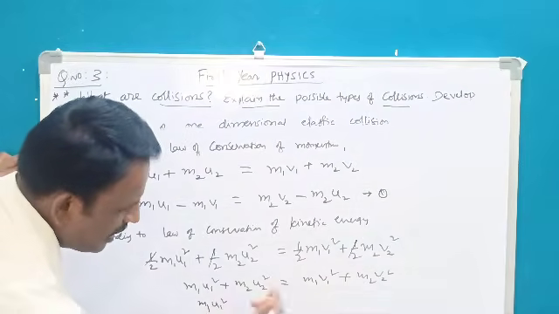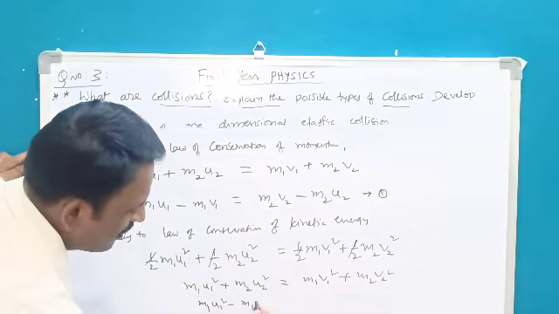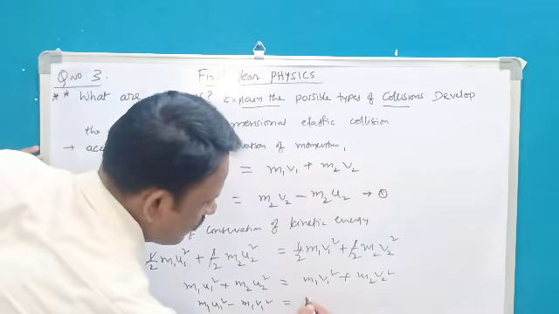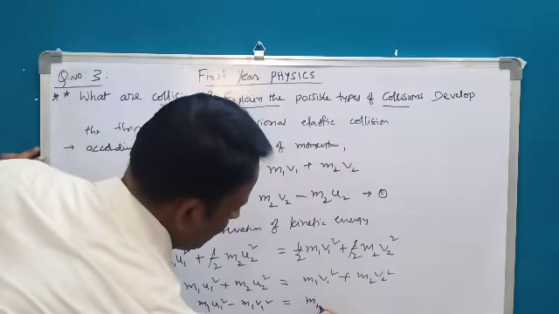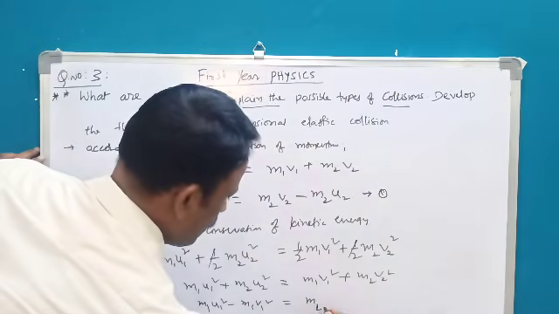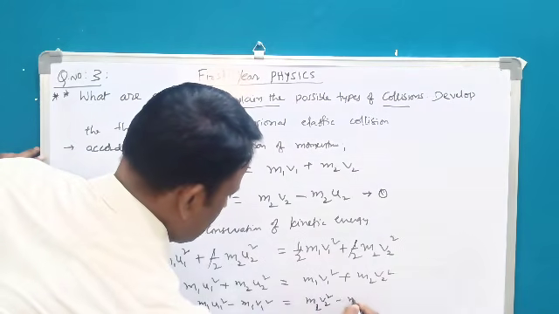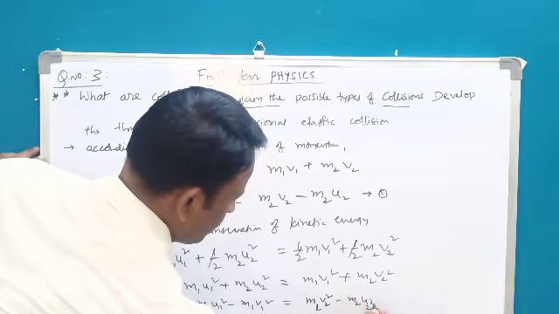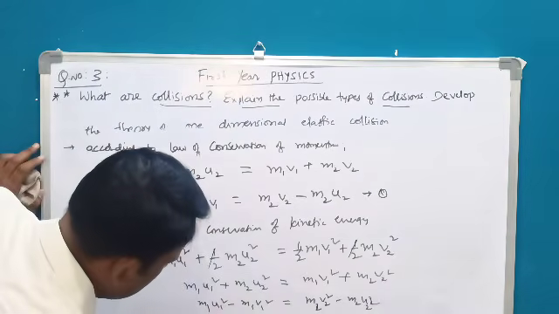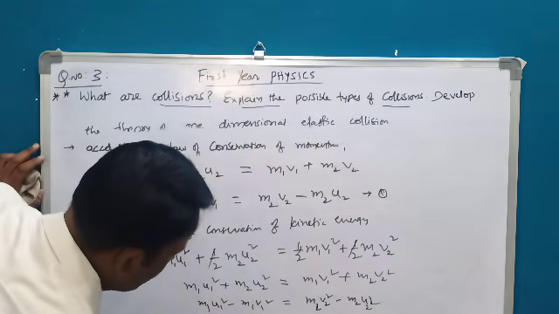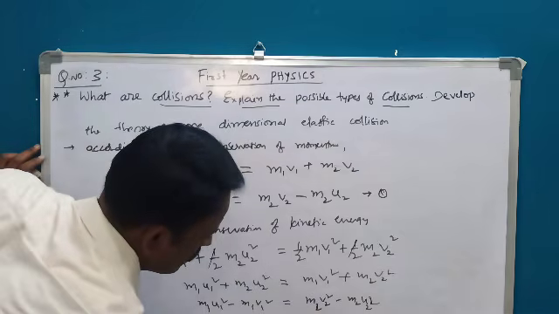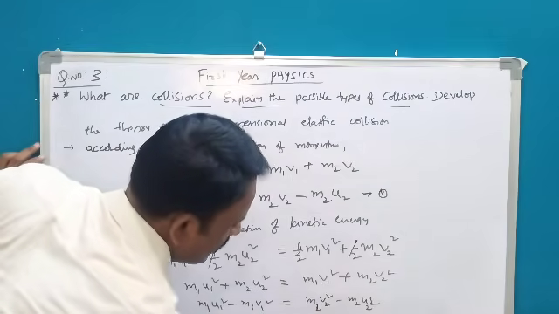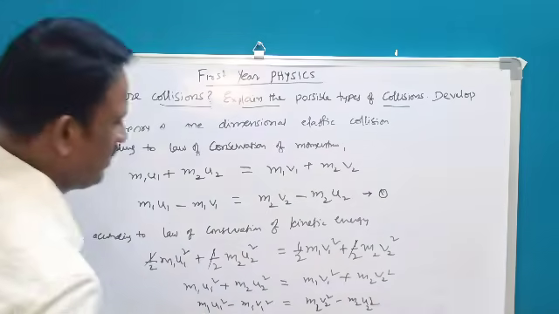The same thing we did in the first case, here also we do the same. Bring the m1 terms to one side: m1 u1 square minus m1 v1 square is equal to m2 v2 square minus m2 u2 square. Now take the common term out: m1 (u1 square minus v1 square) equals m2 (v2 square minus u2 square).